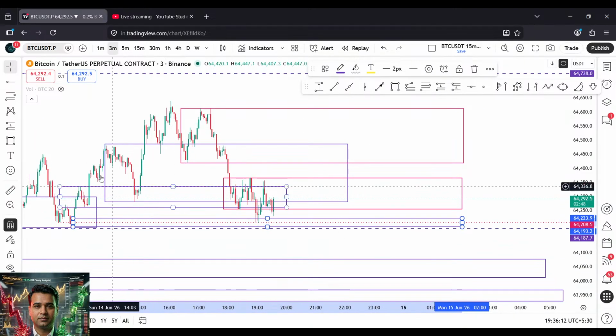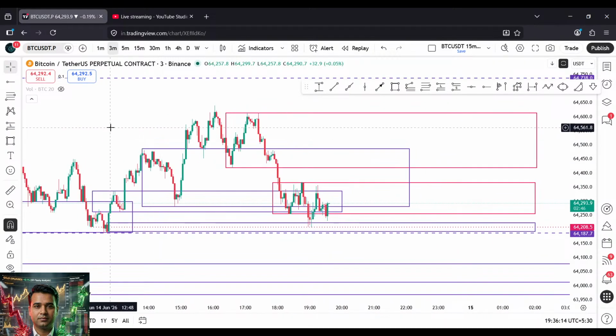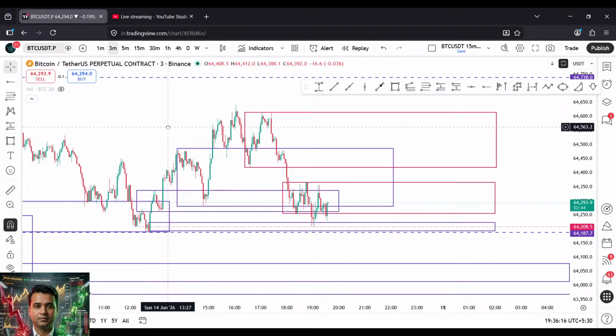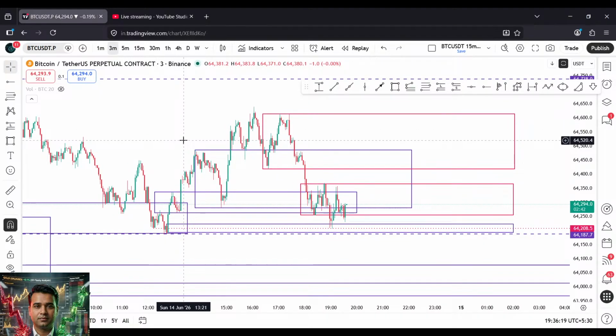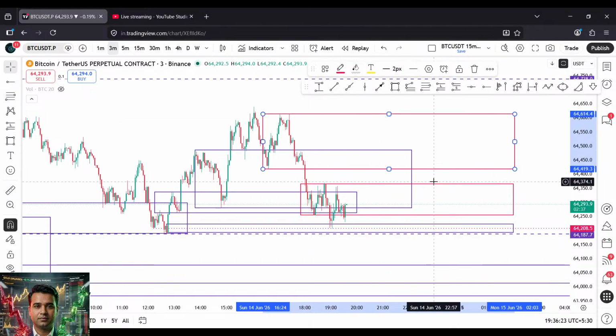Okay, this is how we draw our zones after building the frame. So these two areas have our interest, this one and this one.